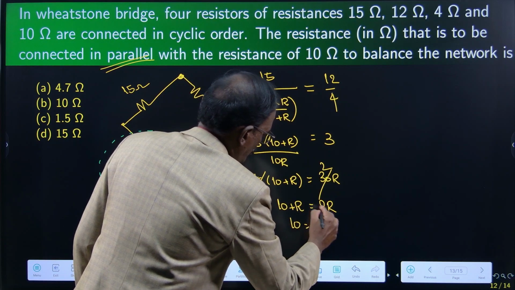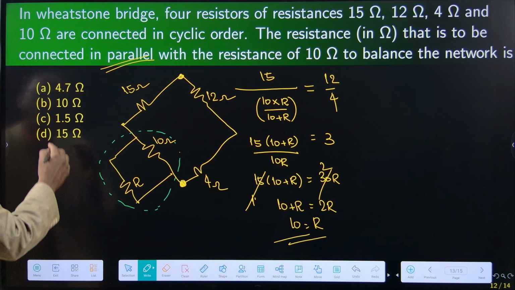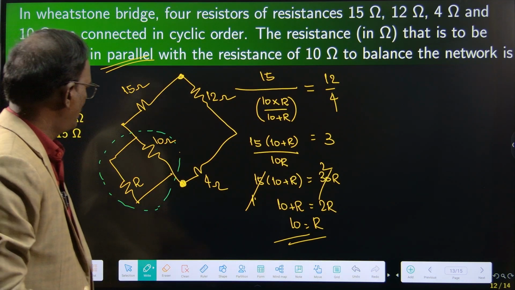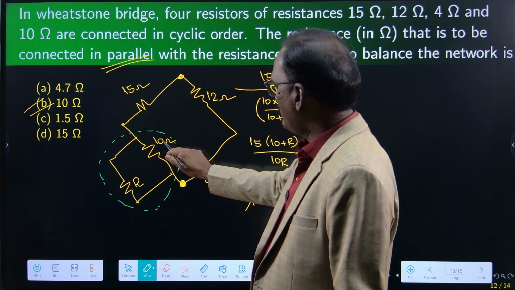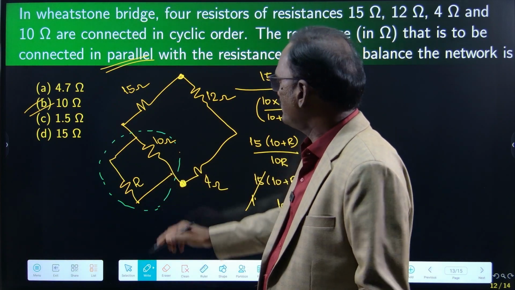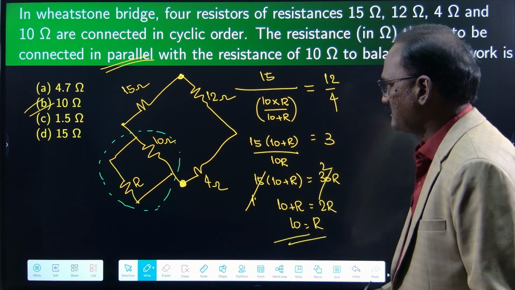Then 10 is equal to 2R minus R. So the R value must be 10 ohms. Option B. So I have to connect one 10 ohms here. So it will be 10 and 10, 5 ohms. 15 by 5 is equal to 3, and 12 by 4 is equal to 3. Yes, the answer is correct.